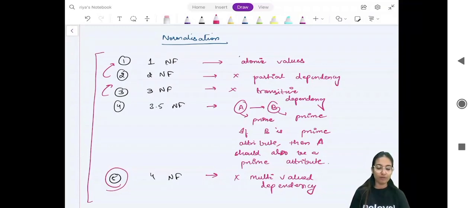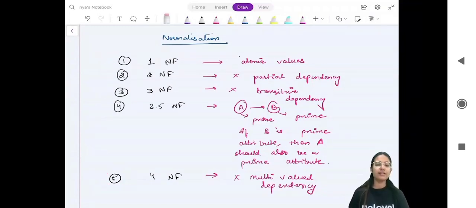The usual practical way of doing this is that we ideally go till 3rd normal form, and then it's more or less on a case to case basis if we want to go further or not. That's the realistic idea, but in theoretical manner we usually go to 4th normal form. There is 5th normal form also, but it's not a part of this course, so you don't have to worry about it. But yes, that also exists, that you should know.